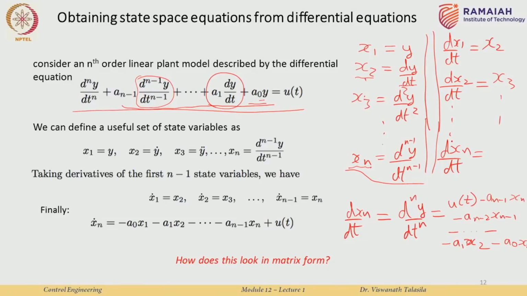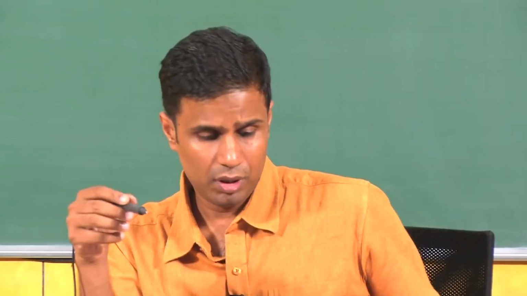So, we essentially have now the coupling between the states, the interconnection matrix, and when I put all of this in a matrix form, we want to know how that looks.